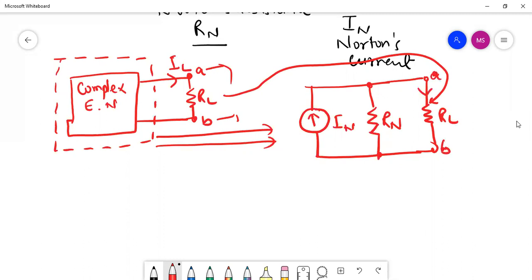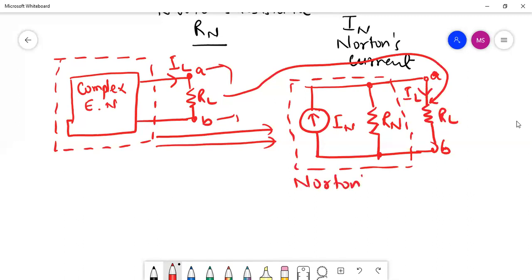So we can find out IL here. We have converted this into a simple network, and only this part is known as Norton's equivalent, right?